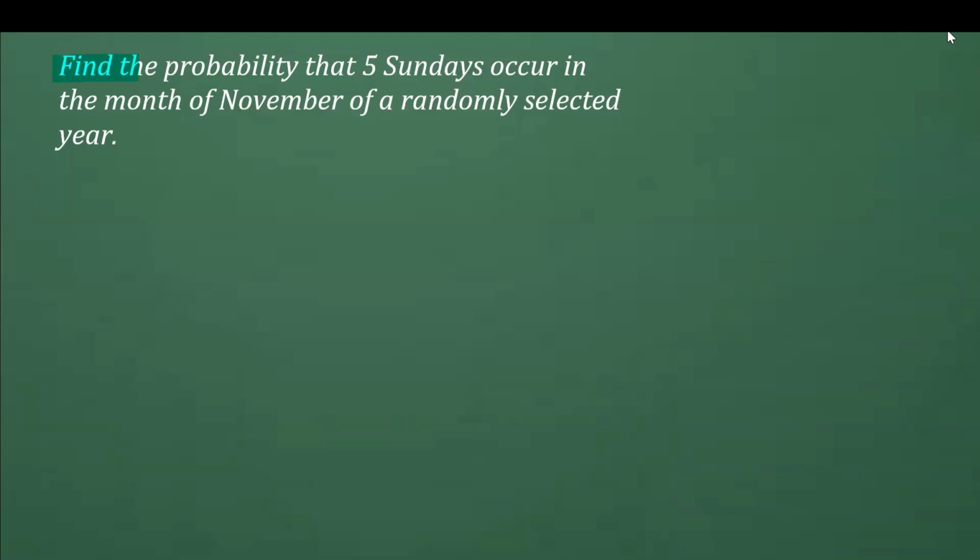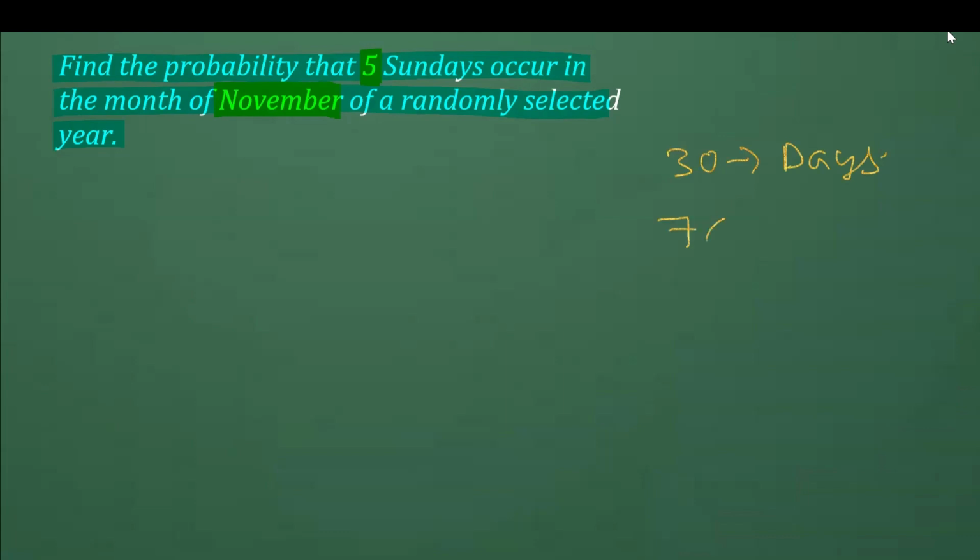Now, in this question, it says find the probability that 5 Sundays occur in the month of November. The month here taken is November in a year, selected in a year. You know that in the month of November, there are 30 days. Out of 30 days, there are 7 days in a week, and 7 into 4 is 28. Why did I multiply with 4?